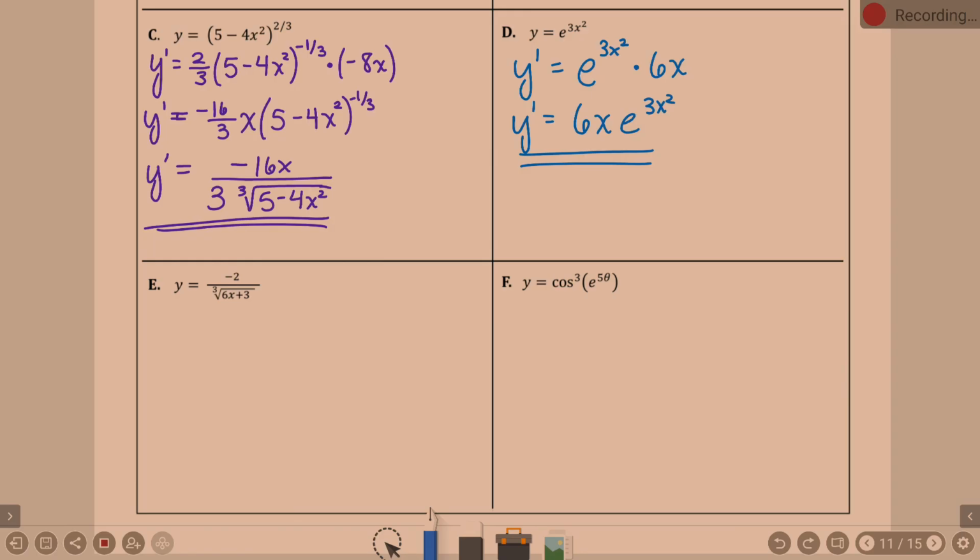Okay, e. Y equals negative 2 over the cube root of 6x plus 3. So it would be y, or we'll just let's fix y. Negative 2, and then parentheses 6x plus 3 quantity negative 2/3.